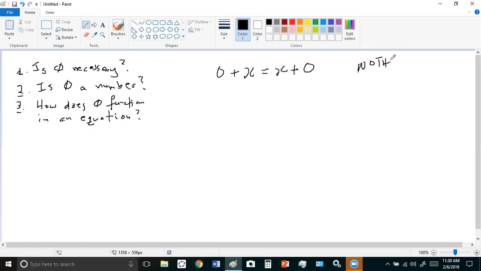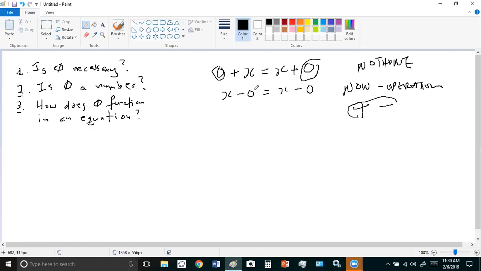So essentially, the addition of zero is a non-operation, okay? Nothing's happened. If we subtract zero, what's happened? Again, nothing, okay? So we know easily that the operations of plus and minus have zero effect where zero itself is concerned, okay?